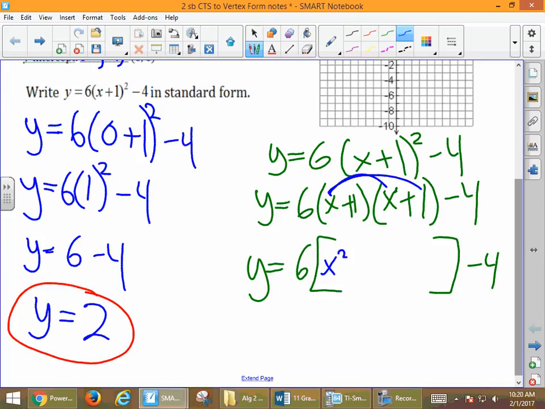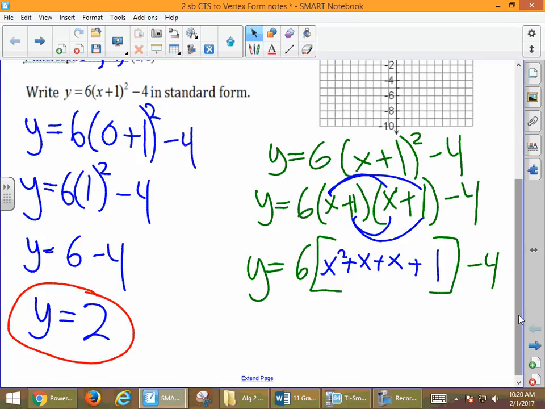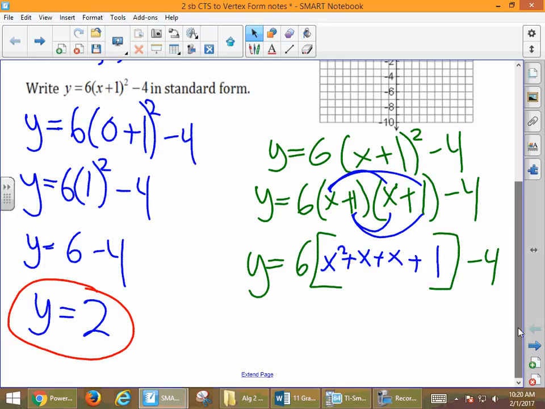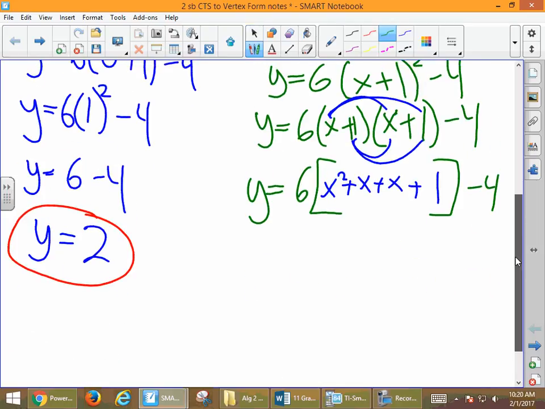outer, so x times 1 plus x, and then inner, so 1 times x, it's another x, and then last is 1 times 1, which is 1. And so when we FOIL, we get x squared plus x plus 1, which we can collect our terms.